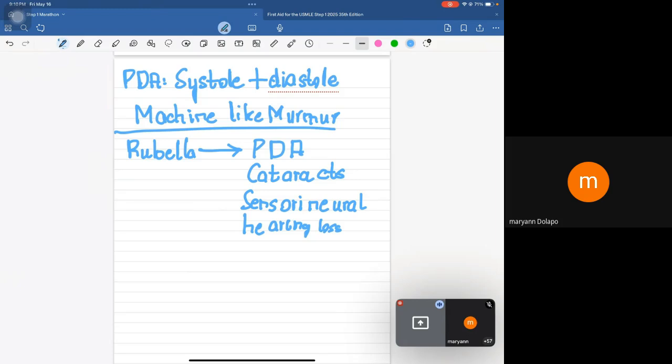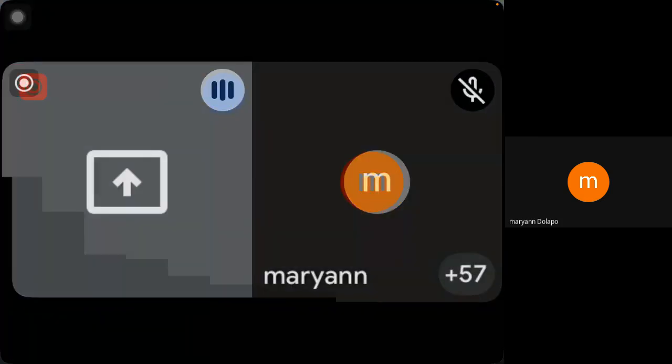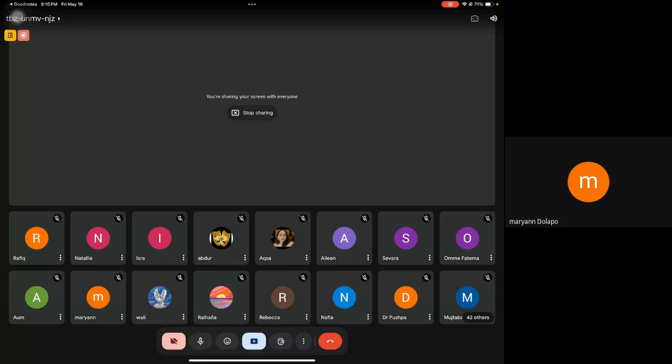The most common cause would be the sequelae of rheumatic fever, right? So rheumatic fever would lead to that condition. Another thing is that mitral stenosis can lead to a condition known as Ortner syndrome, right? So this was till here till now.